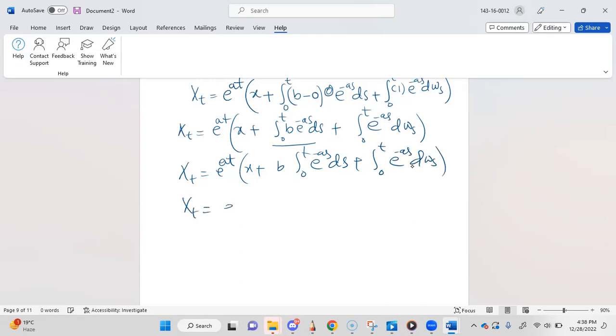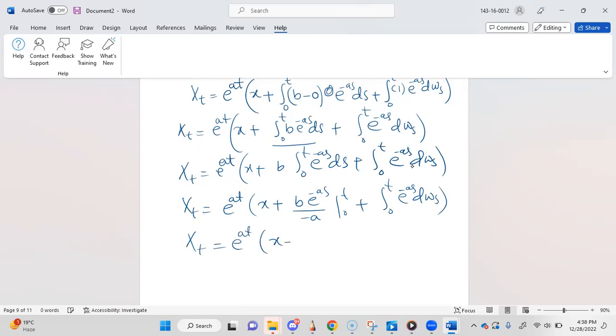So x of t is going to be e to the at times x plus b times this integral, which will be e to the minus as over minus a from 0 to t. So you just take these limits and you will get b over a e to the minus at, and then you substitute 0, so this is 1, plus the integral from 0 to t of e to the minus as dws.